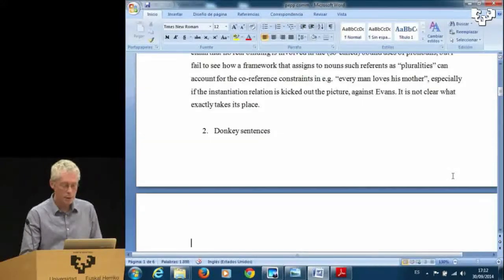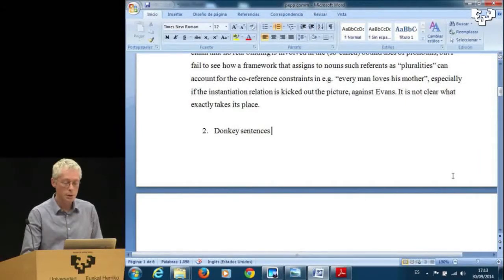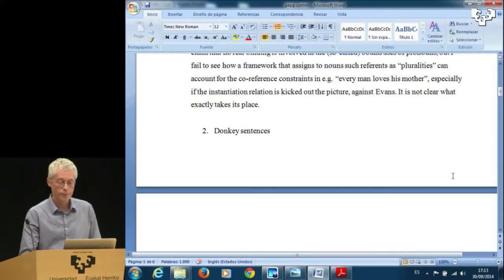But I fail to see how a framework that assigns to nouns such reference as pluralities can account for the co-reference constraints in, for instance, every man loves his mother, especially if the instantiation relation is kicked out of the picture against Evans. It's not clear what exactly takes its place. Two, donkey sentences.